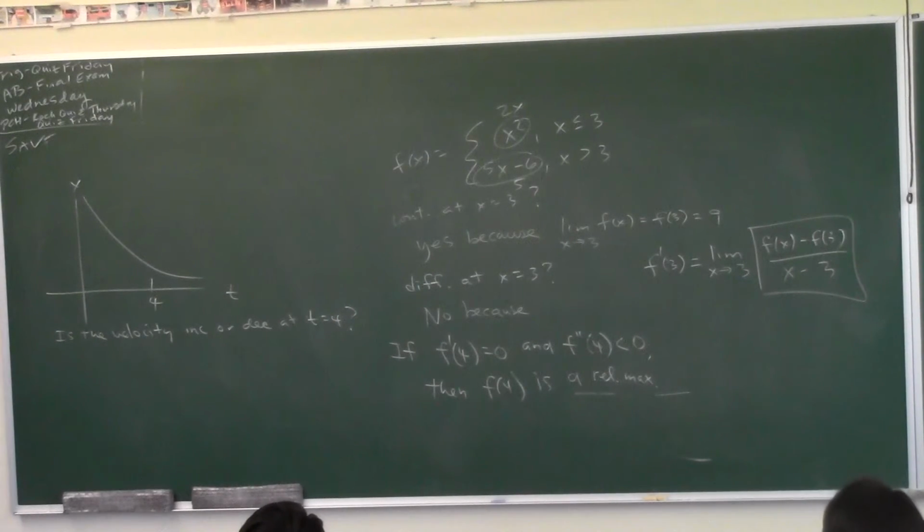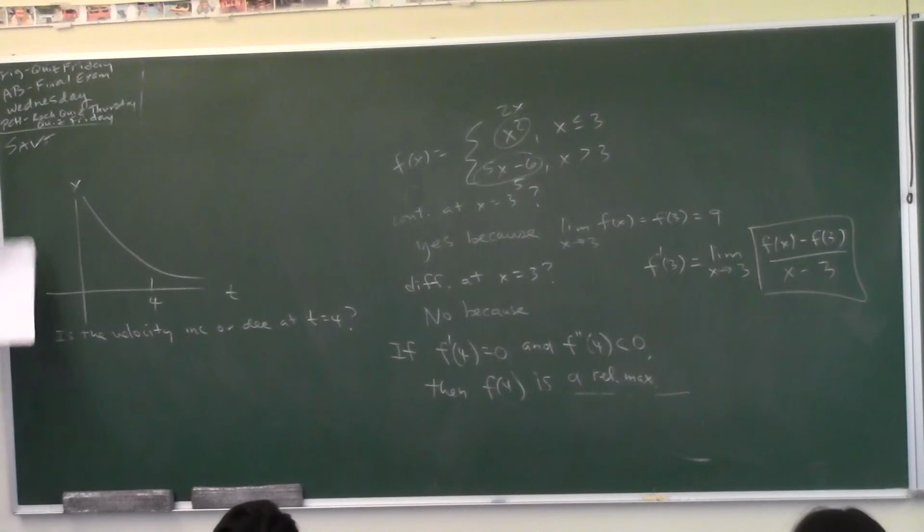Okay, whose turn is it? Redeem yourself. This is the graph of position now. Is the velocity increasing or decreasing? The derivative of that is negative, but it's concave up.